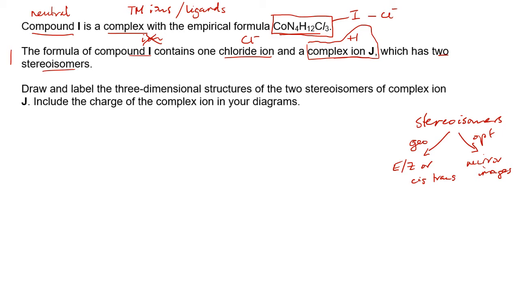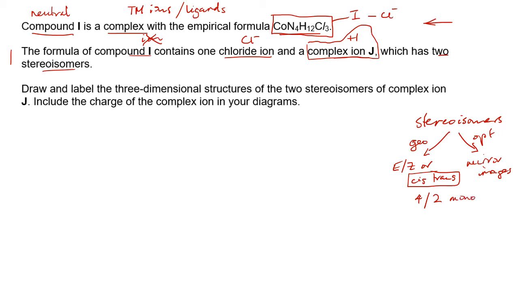Now this question is all about transition metal ion complexes, so we're talking about cis-trans in this case, and we've got monodentate ligands. I'll go back to how I know why we've got monodentate ligands. So when you've got 4 of one and 2 of the other, then that's going to give you cis-trans isomers.